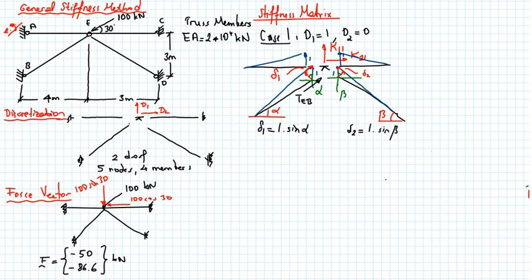And likewise, I have a tensile force at member DE. So let's show it this way. That's all. TED. Okay. Now transfer these forces to the nodes. Let me use a different color so that we'll see. So I have TEB in this direction, TED in this direction.